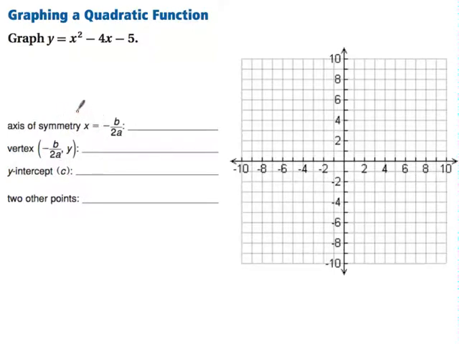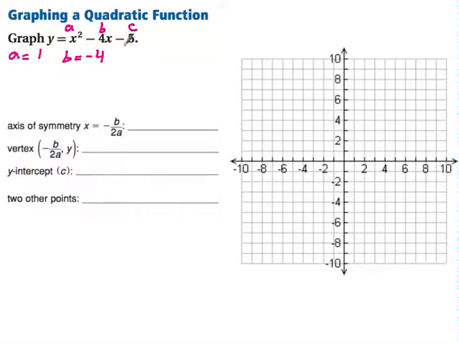Okay, so a quick review of what we did last week. The coefficient of this is a, the coefficient of this part is called b, and the coefficient here is called c. So a equals 1, and the coefficient of this term right here is -4, so b equals -4.